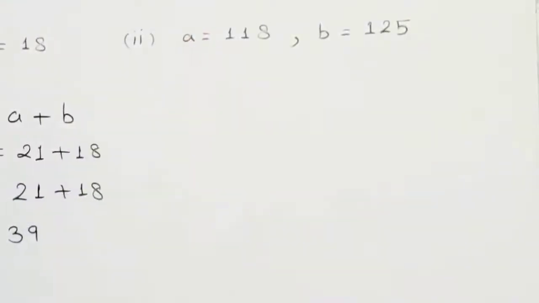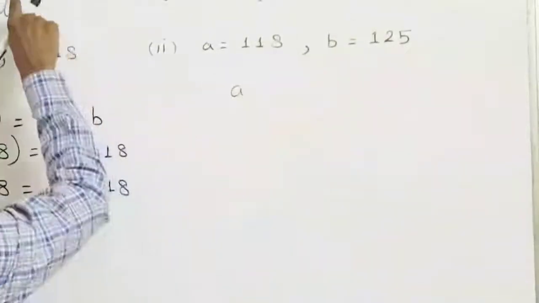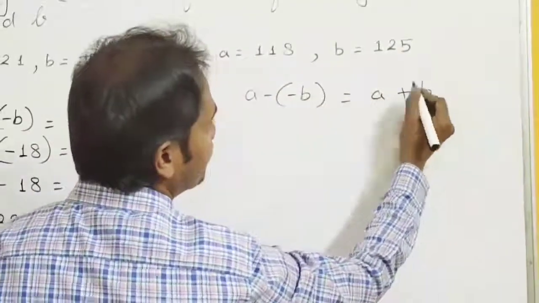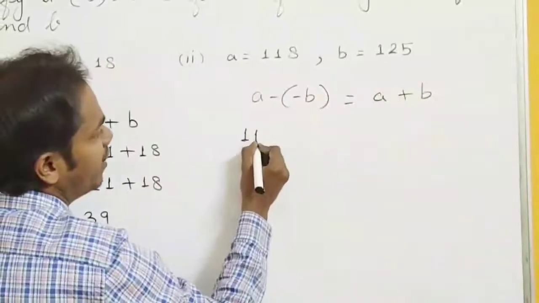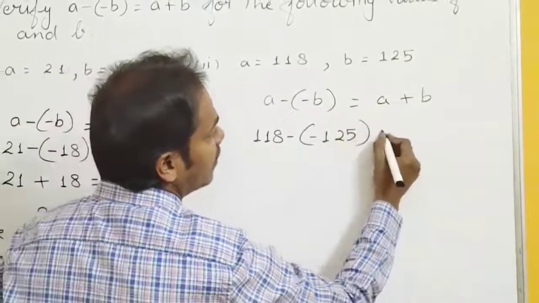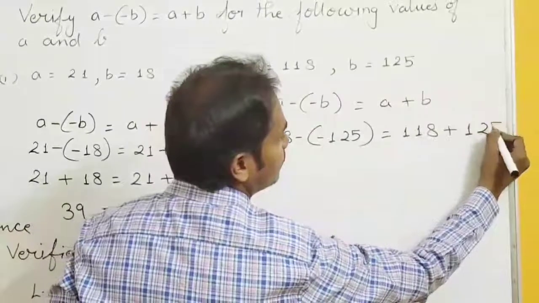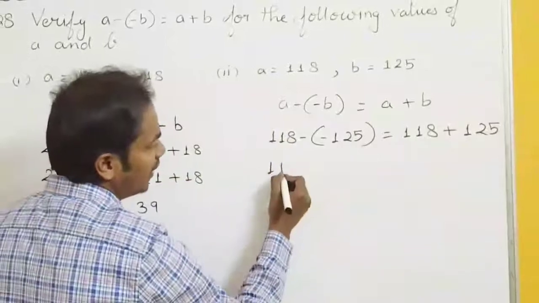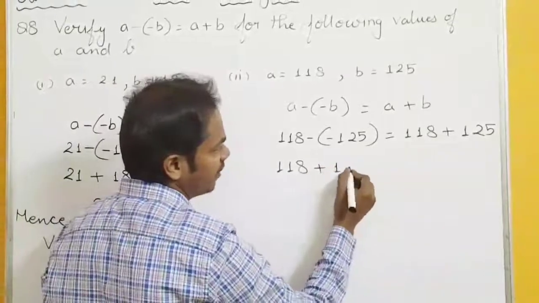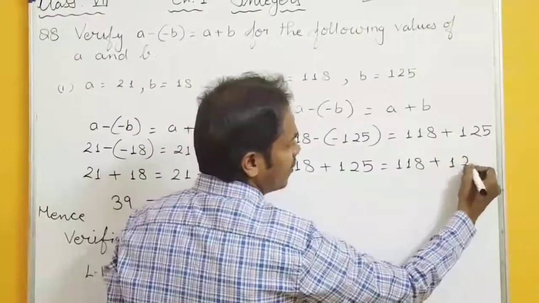Okay, now question number B. Again same, A is equal to 118 and B is equal to 125. First I will write this. A minus minus B is equal to A plus B. A is 118 and B is 125. 118 minus multiplied by minus will become plus, so you will write here plus 125 is equal to 118 plus 125.